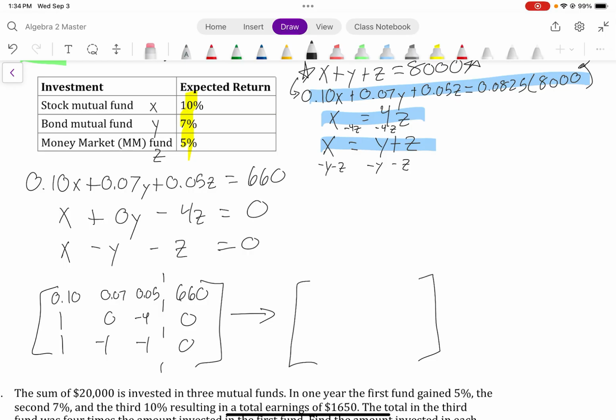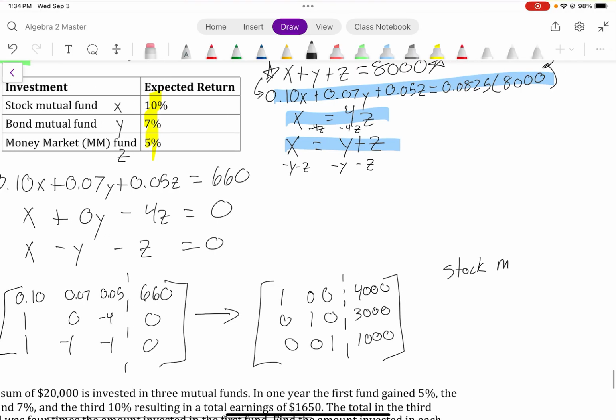Second matrix, I did matrix A, and I'm going to get 1, 0, 0, 4,000, 0, 1, 0, 3,000, 0, 0, 1, 1,000. That's going to tell me that my stock fund had $4,000.